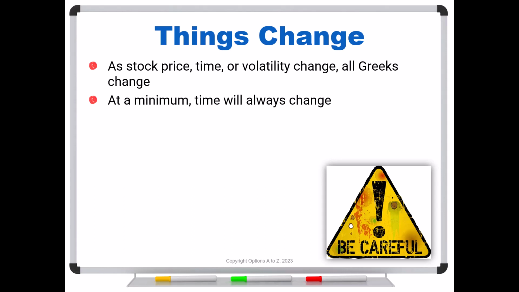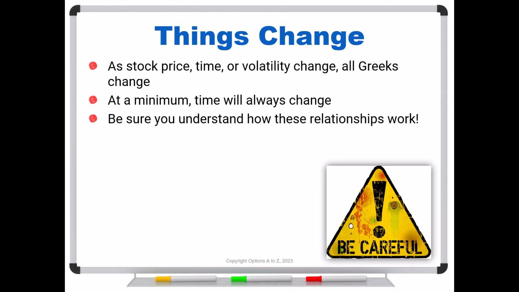And so the point is to be sure that you understand how these relationships work regardless of the strategy. And you need to understand that before you even put your first strategy on. Because if you don't, you're going to be making bad decisions and, in the worst case, be left with some very unwanted surprises, even if the stock moves in your favor.